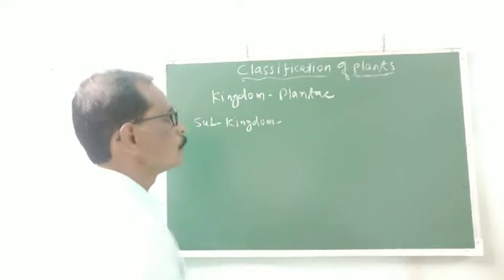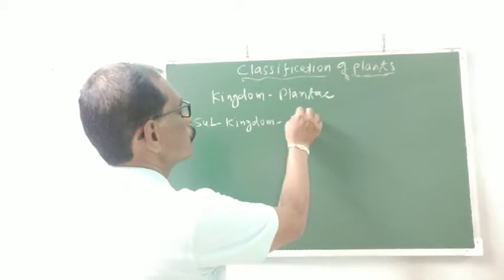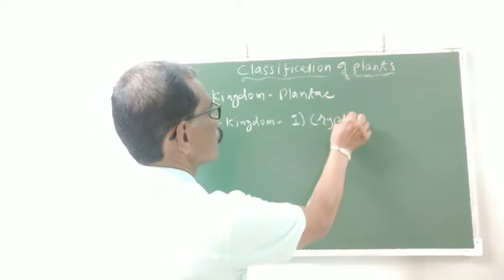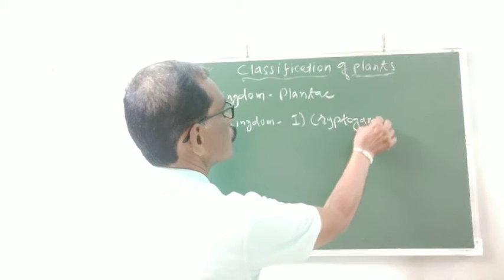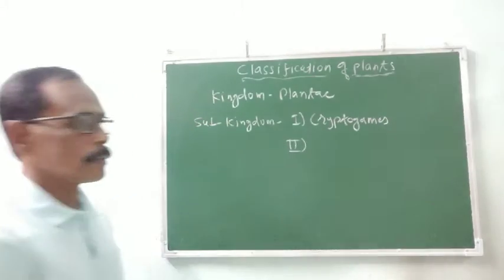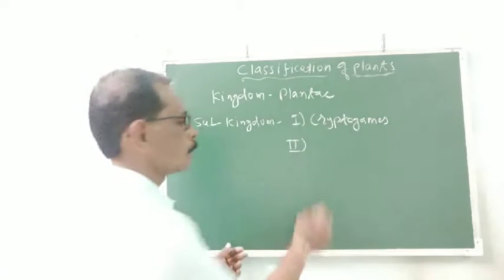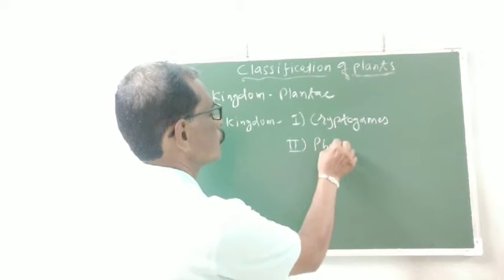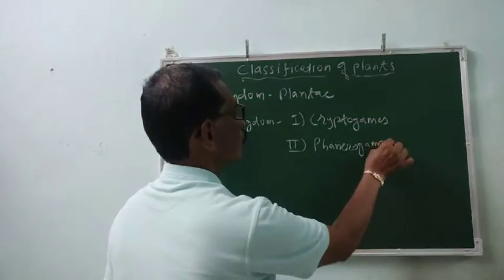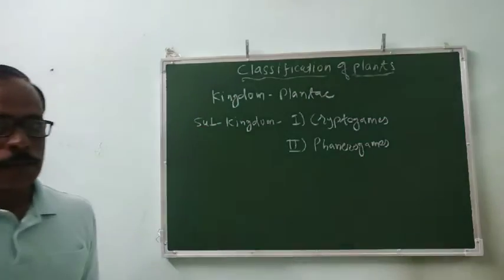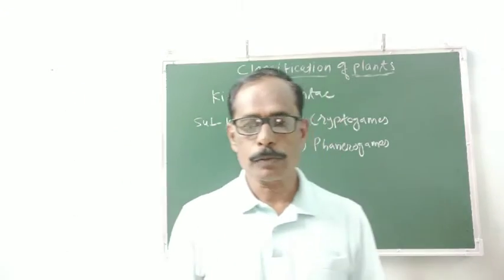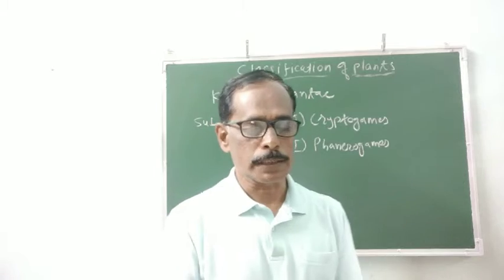First is Cryptogams, and second subkingdom is Phanerogams. Subkingdom Cryptogams and subkingdom Phanerogams are the two main subkingdoms of the kingdom Plantae.